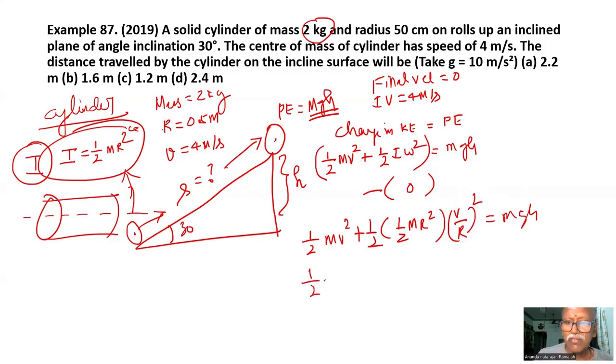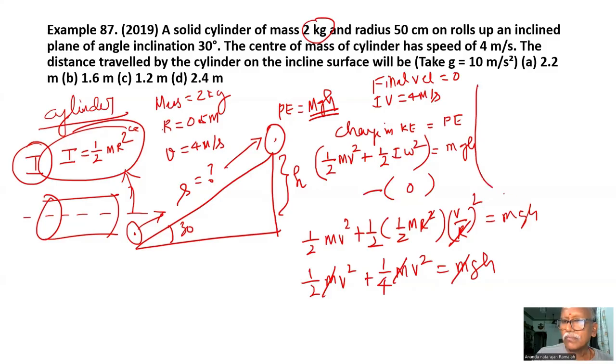That is equal to half mv square plus 1 by 2, 1 by 2, 1 by 4. This R square gets cancelled. Therefore, 3 by 4 mv square equal to mgh. All has m.